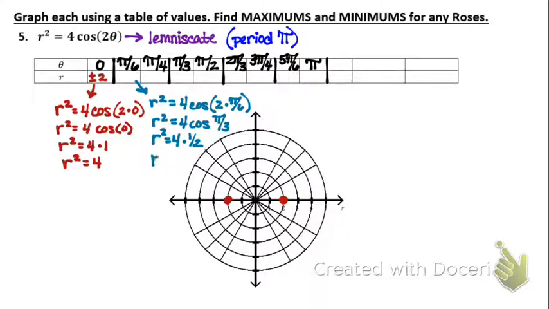What's half of 4? 2. So what is r? r is plus or minus the square root of 2. And square root of 2 is about how much? About 1.4. So plus or minus 1.4. So right here, and I have to trace it backwards.